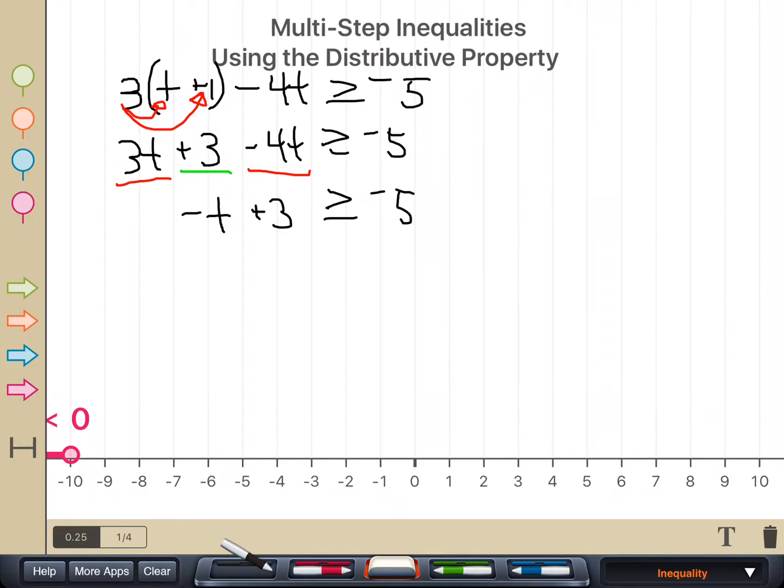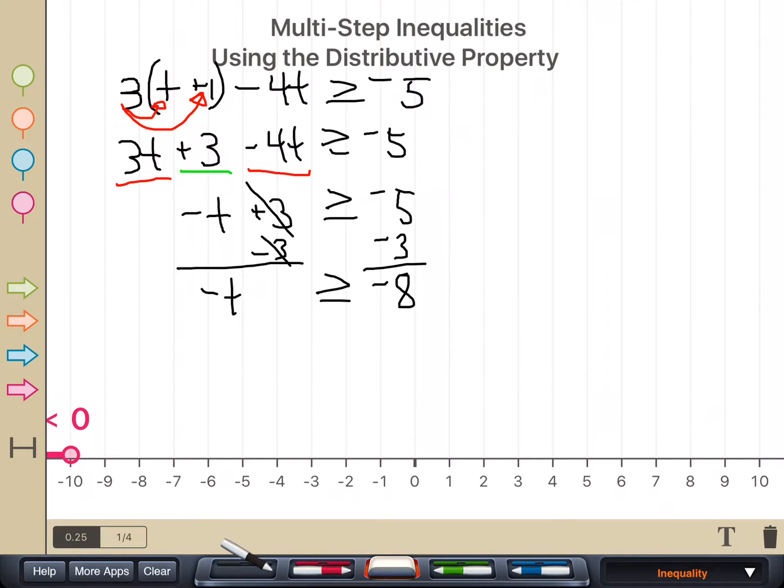So now this is looking much, much simpler, isn't it? So I'm going to isolate the variable, and I'm going to start doing that by subtracting 3 from this side, and I'm going to subtract 3 from this side. So positive 3 minus 3 is nothing. That leaves me with -t, and that's still greater than or equal to -5 minus 3, which is -8.